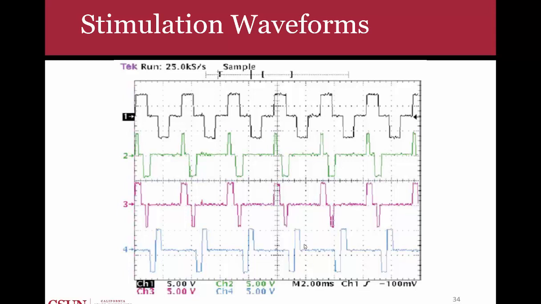The take home message here is that there's a lot involved in converting some signal or image, or in the case of a cochlear implant, some audio signal, into a relevant stimulation waveform for the patient.